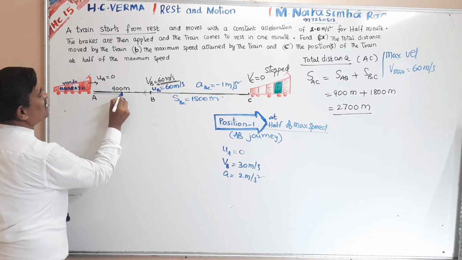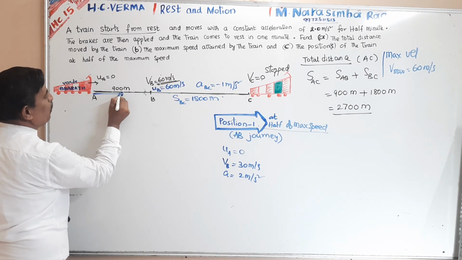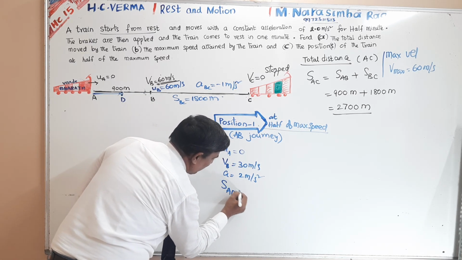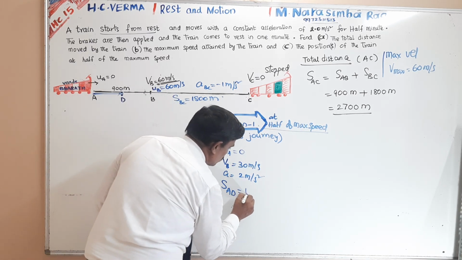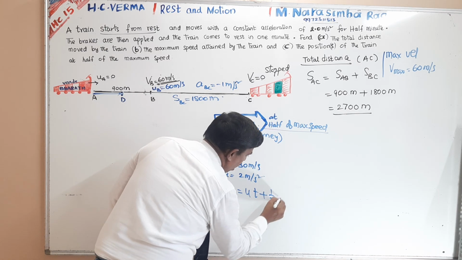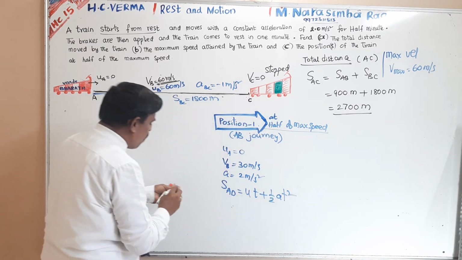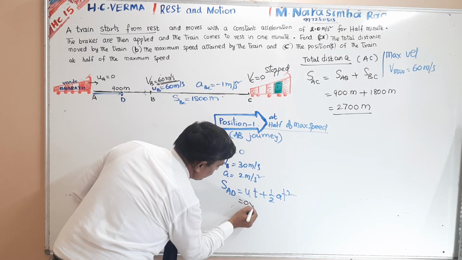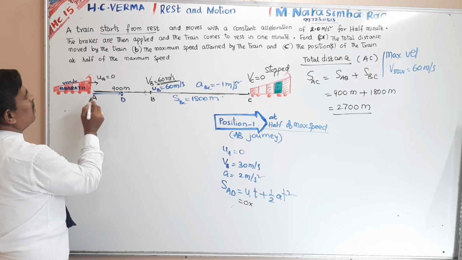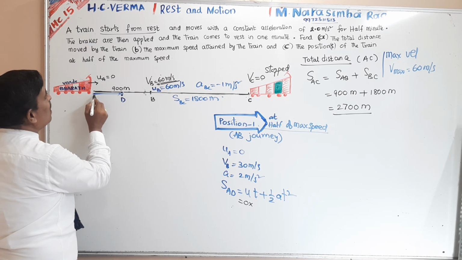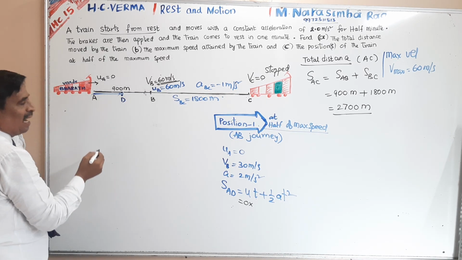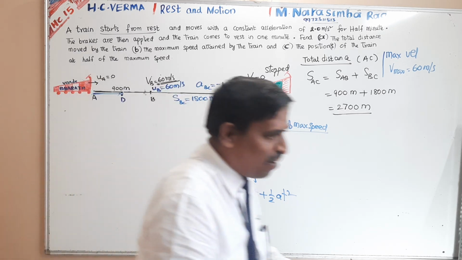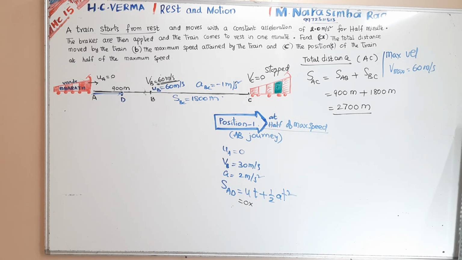Suppose the distance traveled is A to D. Now S is equal to UT plus half AT square, but time is not known, so one minute please.